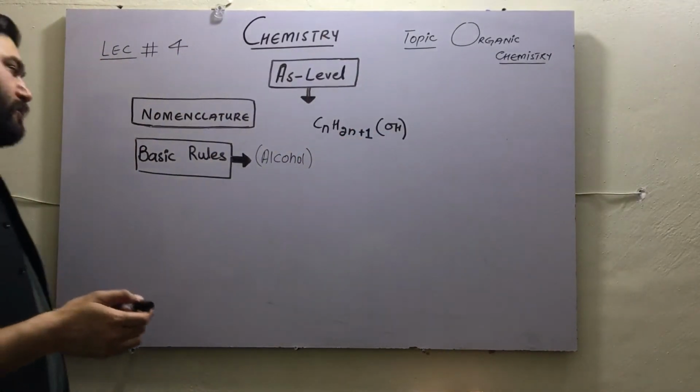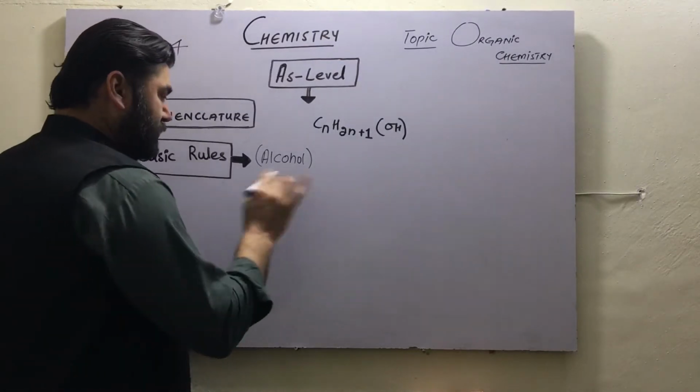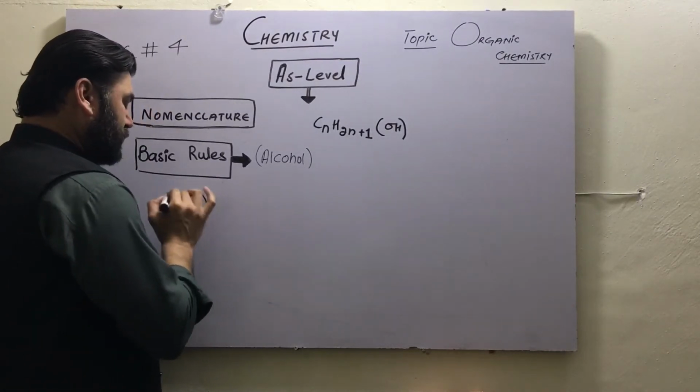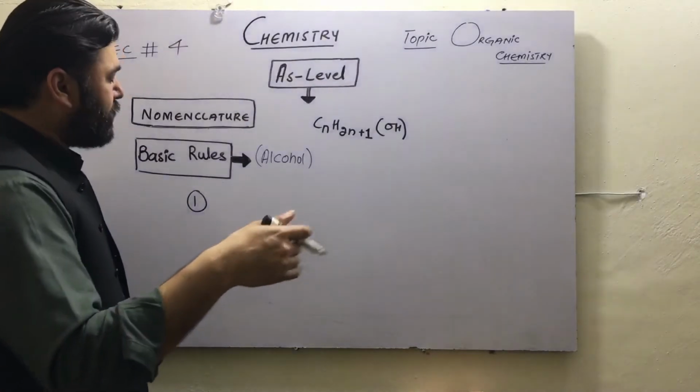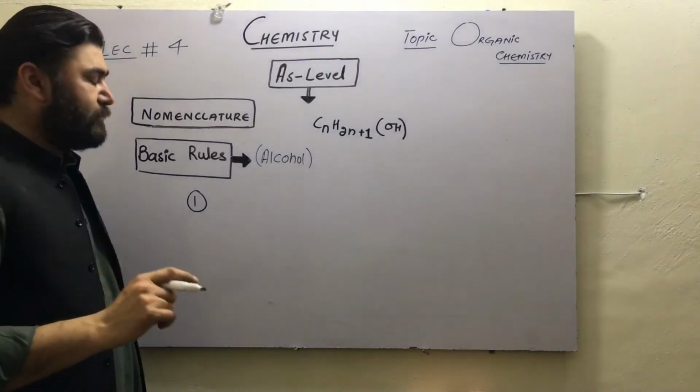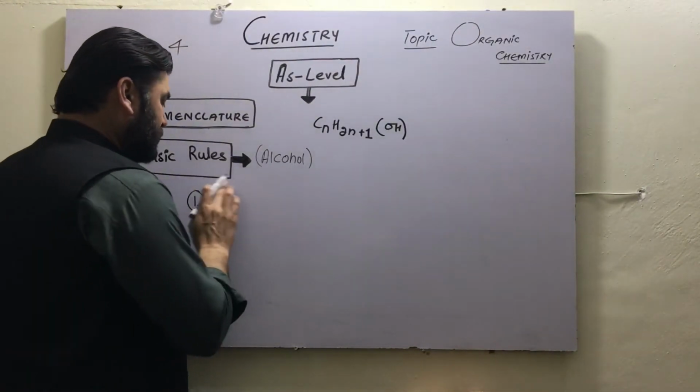The basic rules are the same as for alkane, alkene and alkyne, but the main difference between them is numbering. The numbering is very important.